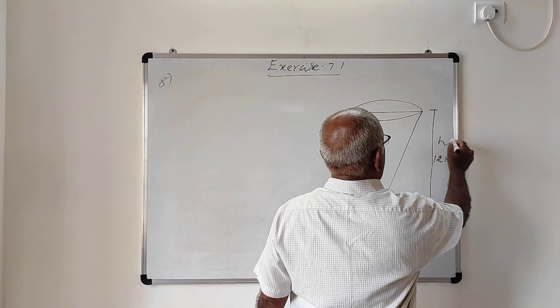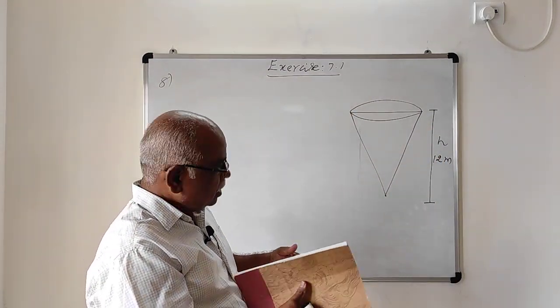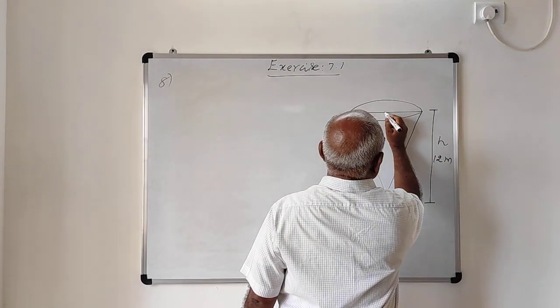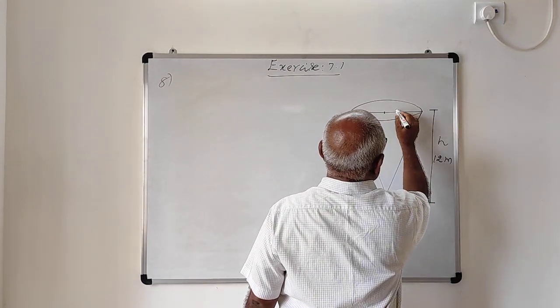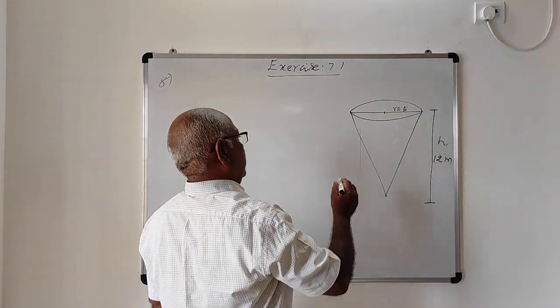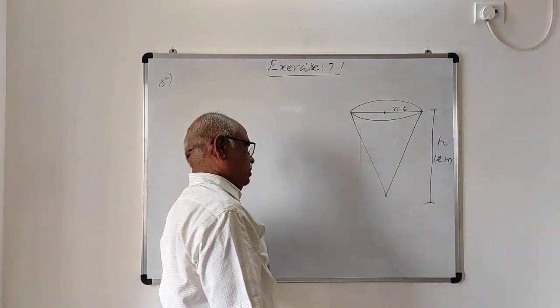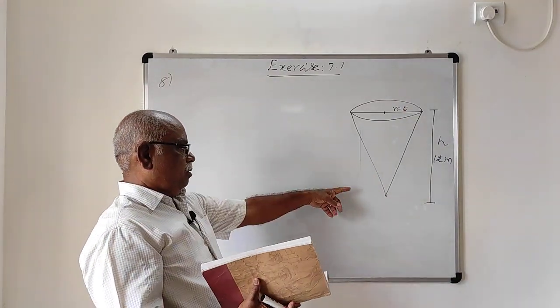H, the height of the conical tank, is 12 meters, given. And the radius, this is the radius, 5 meters. The radius of the conical tank is 5 meters, the height of the tank is 12 meters. The vertex is at the bottom.